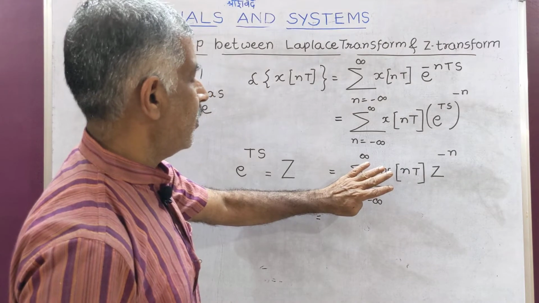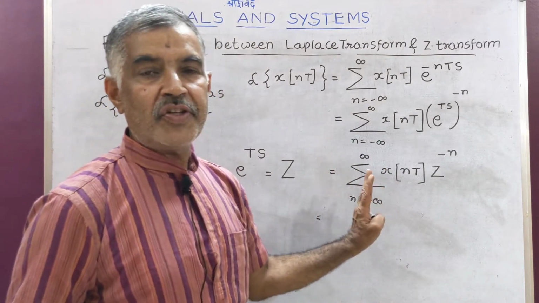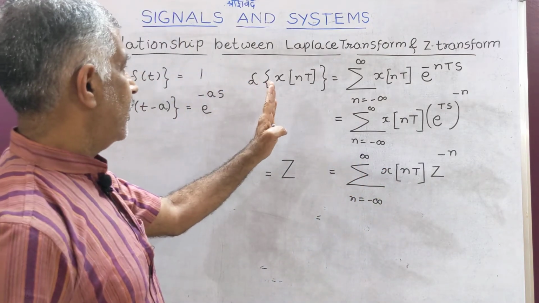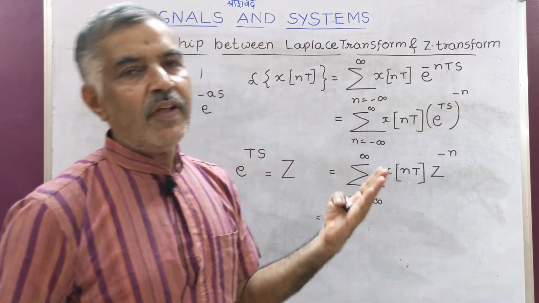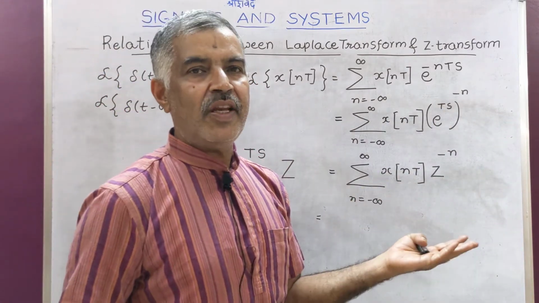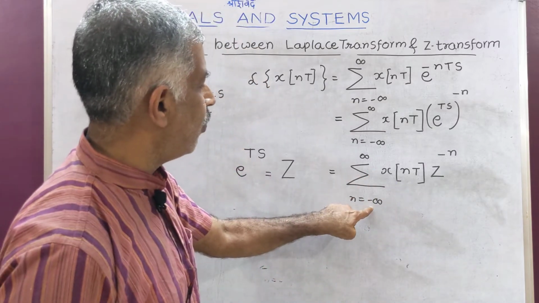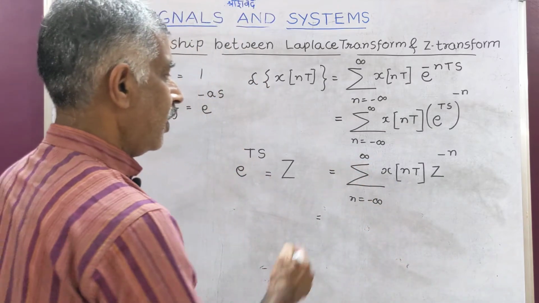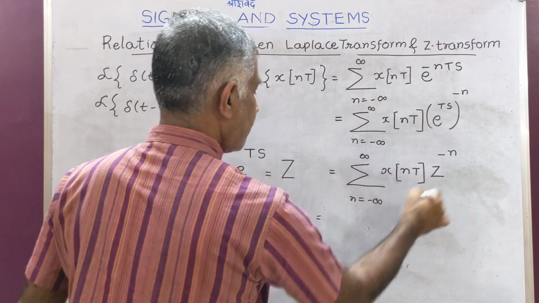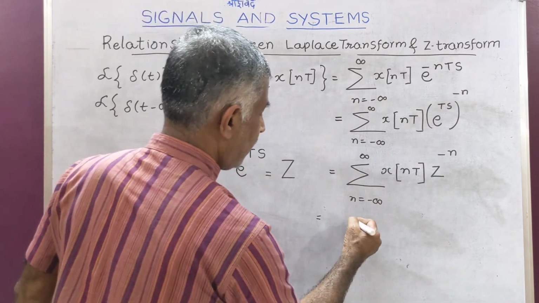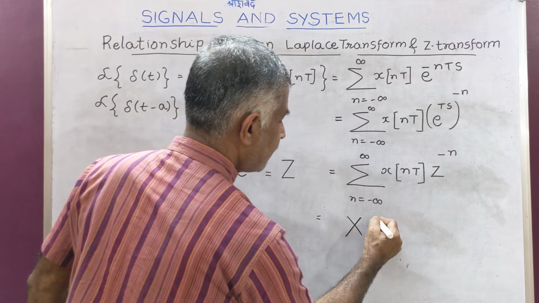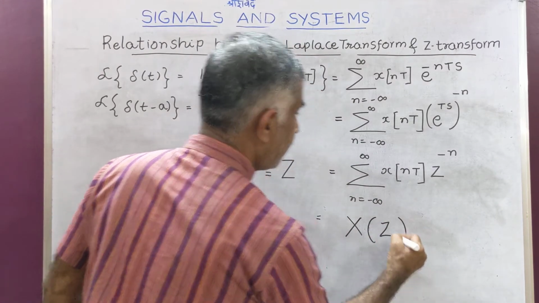The function in this example exists for negative values of t as well as for positive values of t. If the function exists only for positive values of t, then the summation goes from 0 to infinity. That's all. Now this is called the z transform, that is X of z. So what is X of z?